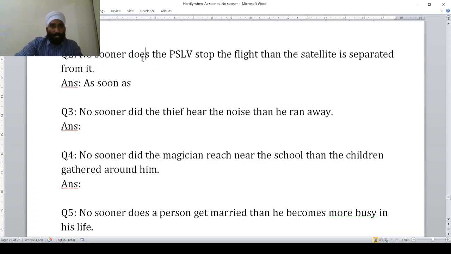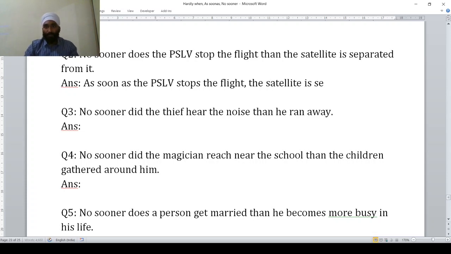If we are removing does, we have to add the s suffix to the main verb. The main verb is stop here, it will become stops. Here the PSLV is the subject, so as it is we have to use: as soon as the PSLV stops the flight. Now remove than and use a comma. The satellite is separated from it.